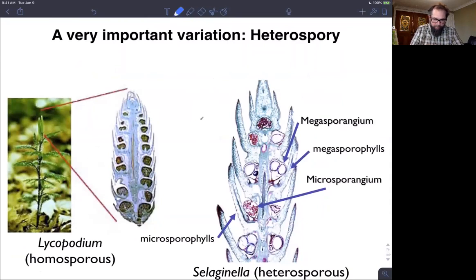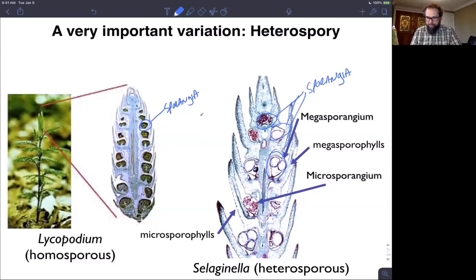So here's looking at sporangia in homosporous Lycopodium, and looking at sporangia in a heterosporous Selaginella. And so sporangia are where the spores are made, and we can see these large megaspores, few large megaspores, and then we can see a microsporangium with lots of little microspores in there.